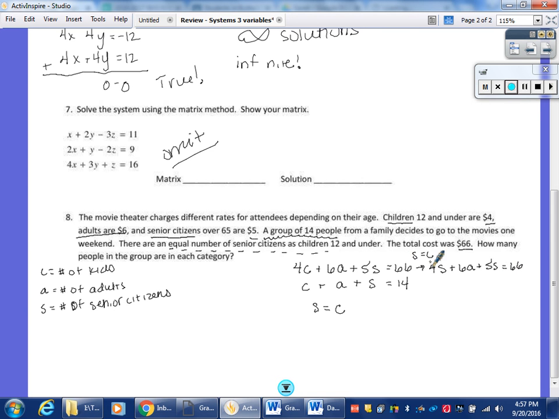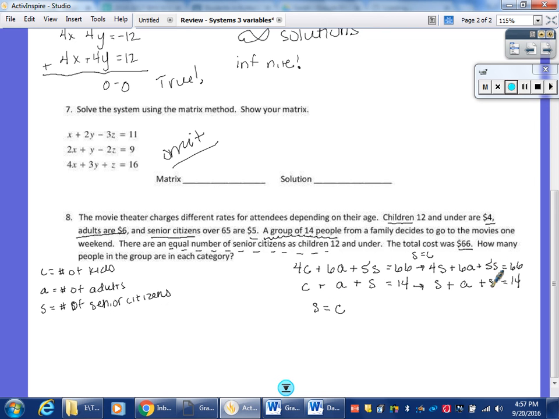I put in an S instead of C. And this equation, because S equals C, becomes S plus A plus S equals 14. I took out the C's and put in S's instead, because I know that there are the same number of children and senior citizens. So it's a stated relationship.